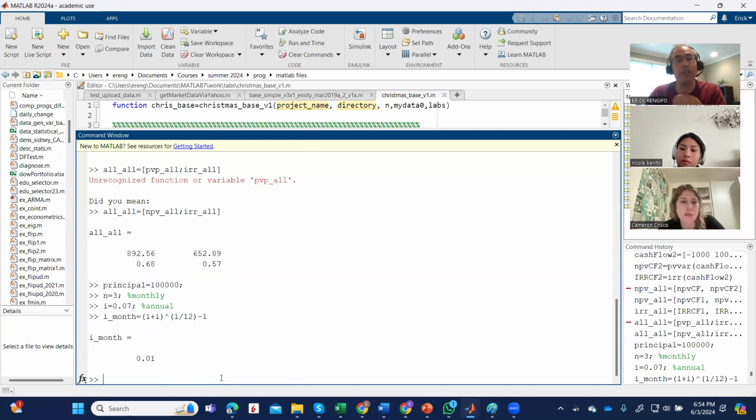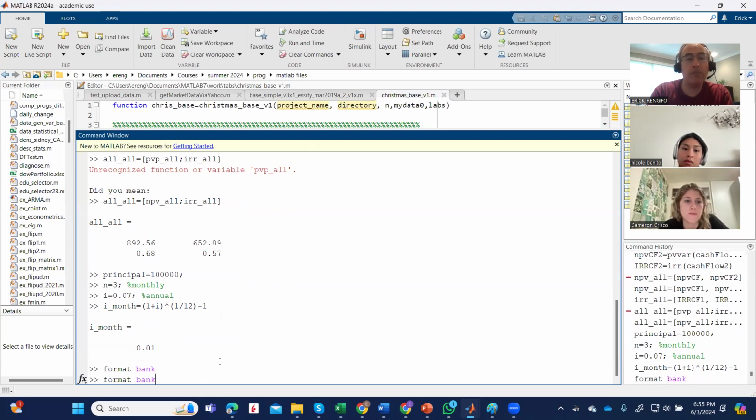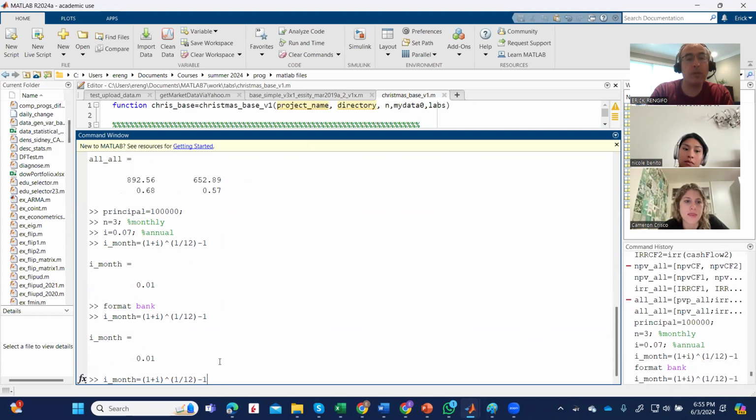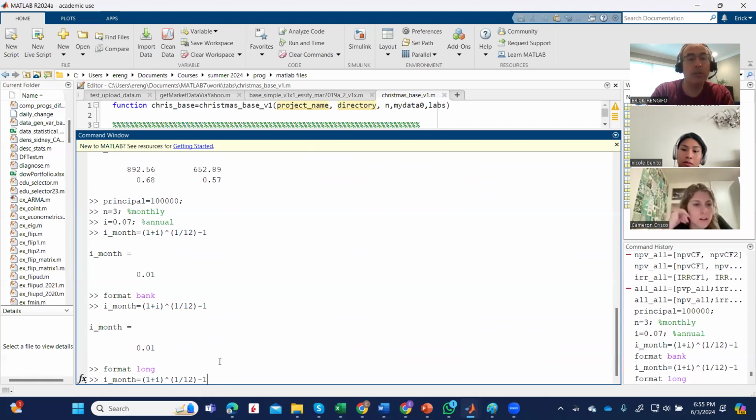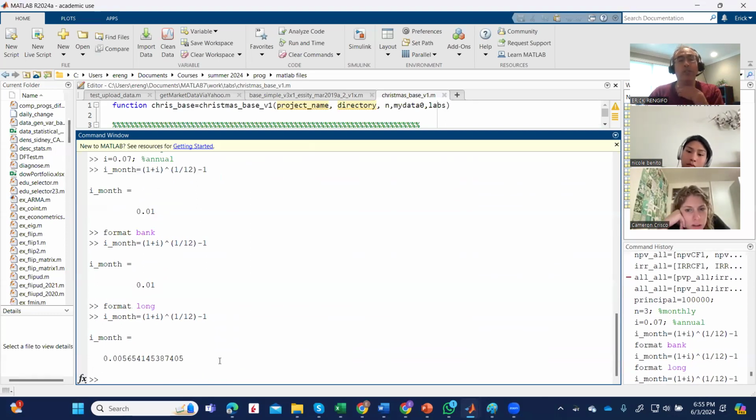So let me check this number. Well, let's do format bank. Let me check. So let me change this to format long just to see the complete number. Yeah. So format long, guys, basically provides you all the numbers. Okay. But normally banks don't use that.